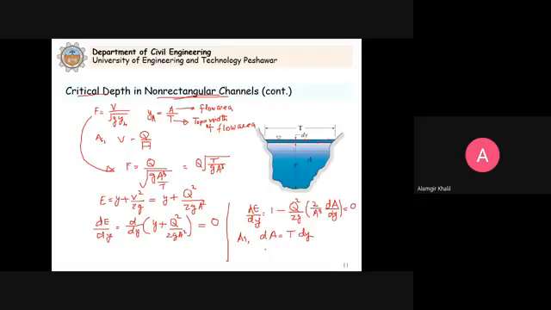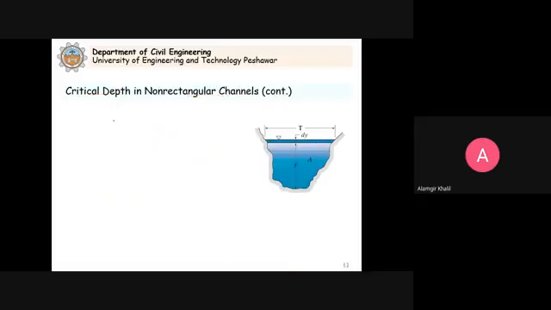From here we can write that dA divided by dy is equal to T, so we can replace dA by dy with T. Now this will be equal to 1 minus Q square divided by g into A cube into T, and that is equal to 0.